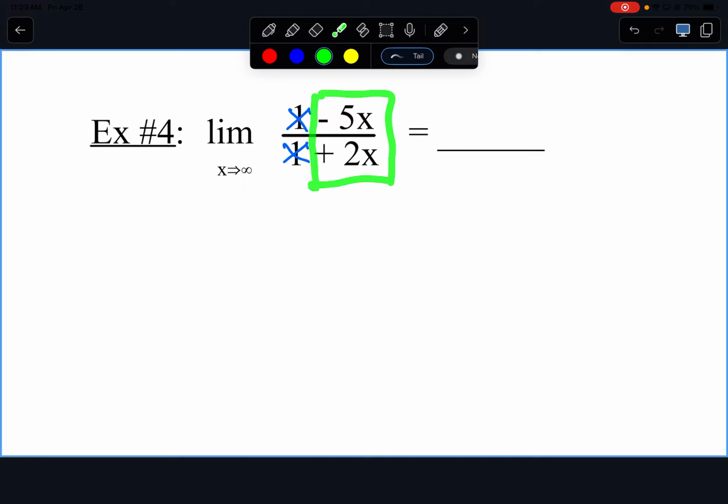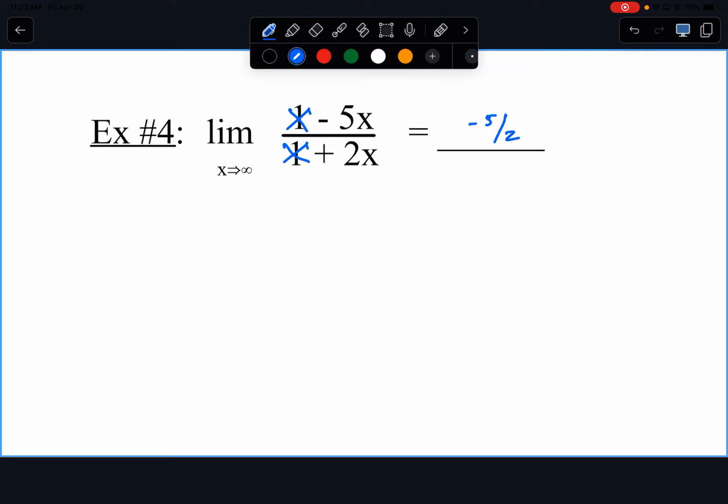Remember top heavy, bottom heavy versus tie? Isn't this a tie? Yeah. Where's the horizontal asymptote? At negative 5/2, which means that's the limit. This is a tie, and therefore you use the coefficients. Negative 5/2 is your limit.